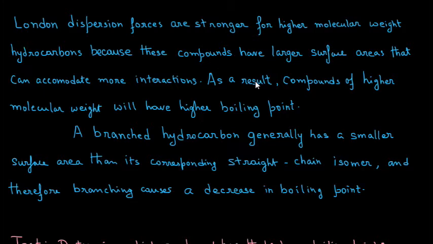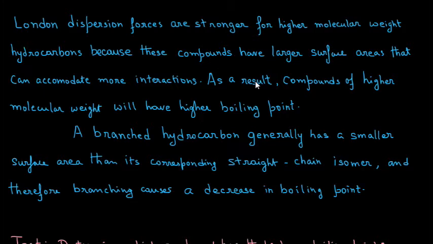As a result, compounds of higher molecular weight will have a higher boiling point. A branched hydrocarbon generally has a smaller surface area with respect to the corresponding straight chain isomer, and therefore branching causes a decrease in boiling point. So remember two things. First, hydrocarbon with higher molecular weight will have higher London dispersion force.